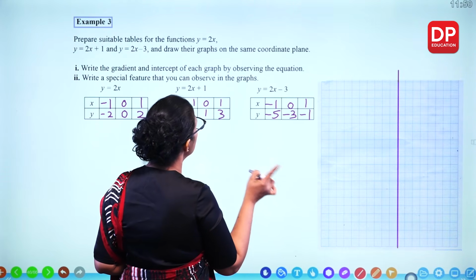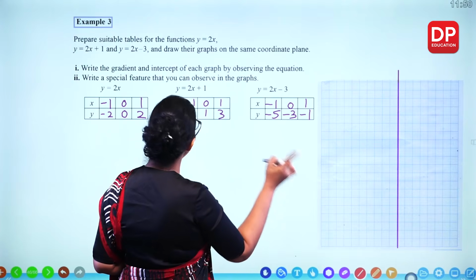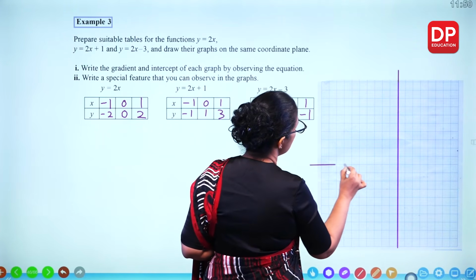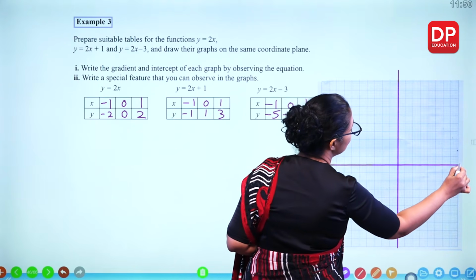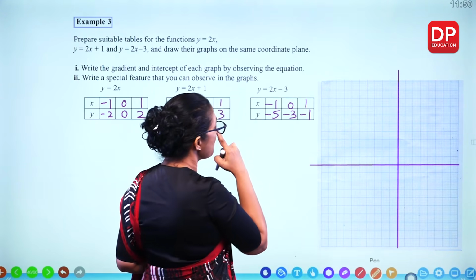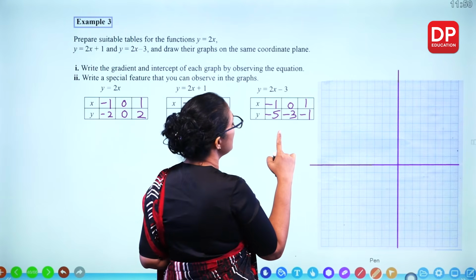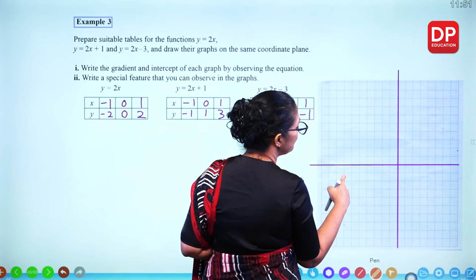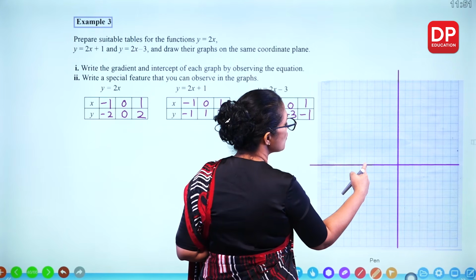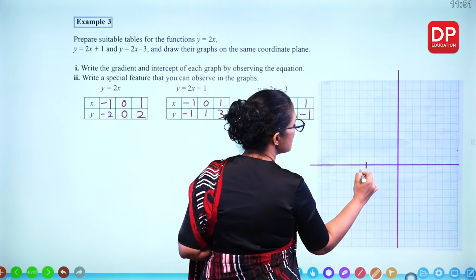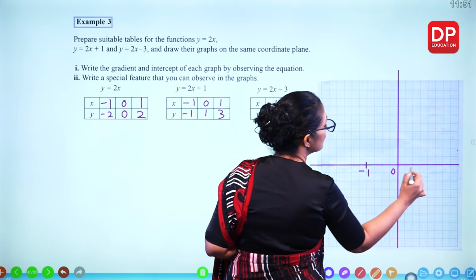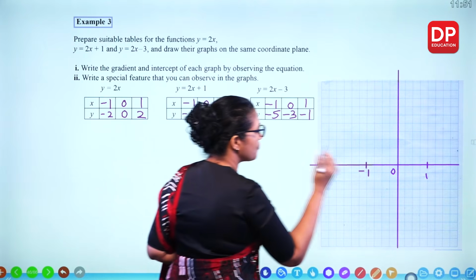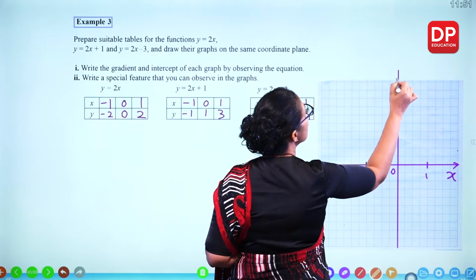We need -5 and +3. So more minus values than positives. So we can take, you need -1. So 4 squares we'll take. This 4 squares, 1 unit. This is x and this is y.